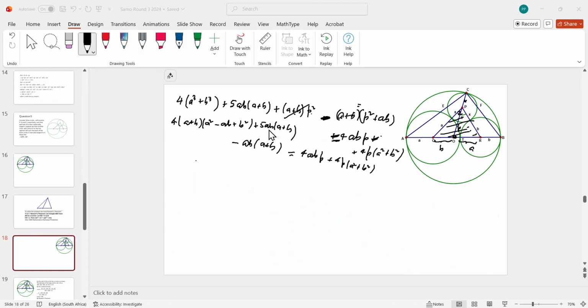You see, I got 5ab into a plus b minus ab into a plus b. So that gives you 4ab into a plus b. Now you see that the 4's are common right throughout here. See? So a plus b comes out as a common factor. I can cancel the 4's.